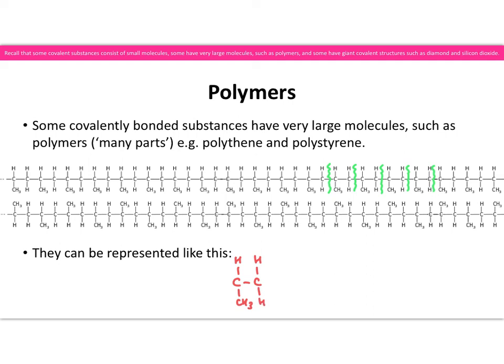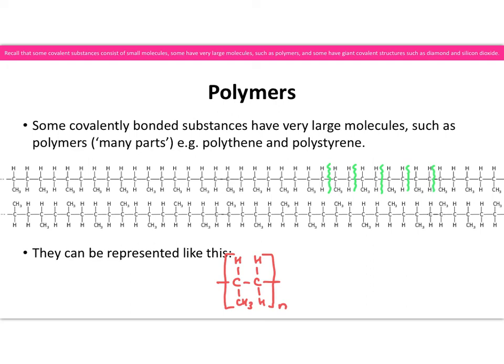What we have to show is that this continues, so we have to draw the bonds to the left and right, but then we use square brackets to say this is a unit. It's very important to know that the bonds go through the square brackets. And then to say that this unit is repeated many, many times, we use the symbol n, and we put that down in the bottom right-hand corner.